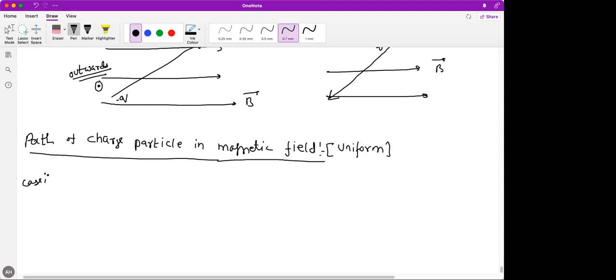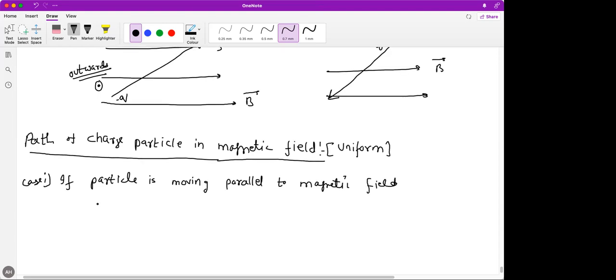Case one: if particle is moving parallel to magnetic field.